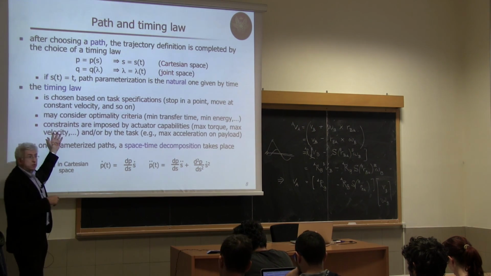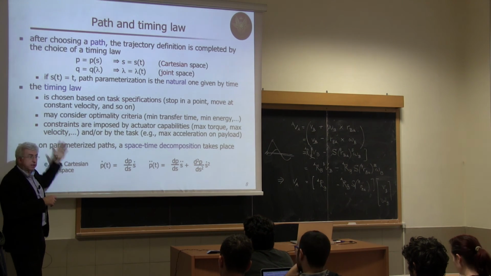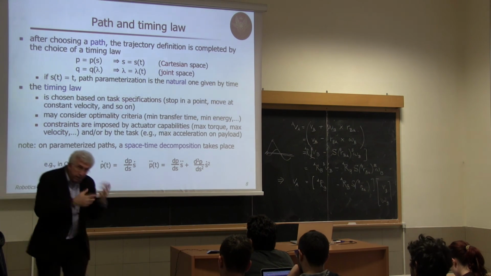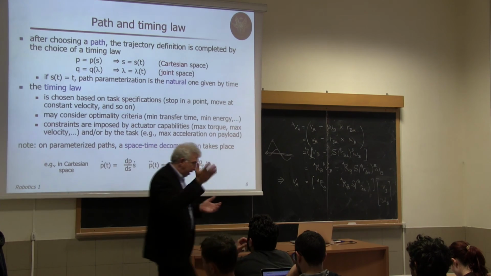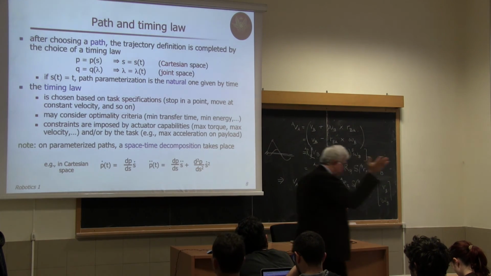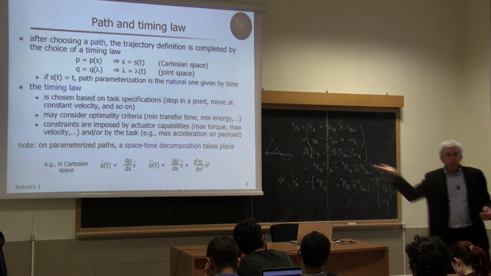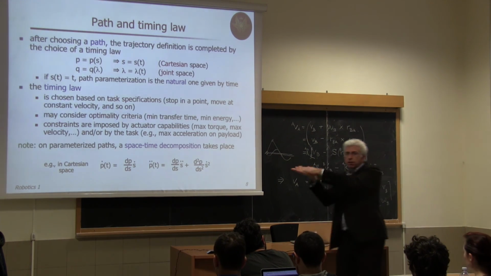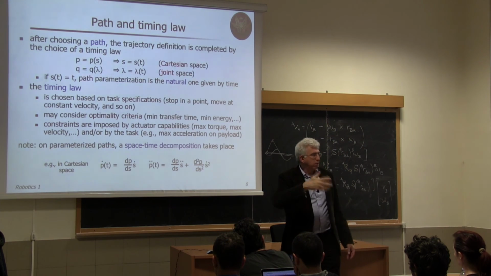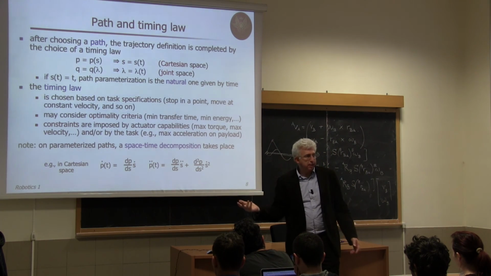The other things are constraints in the joint space or in the actuator space, or even in the task space. For instance, I'm carrying something, like a tray for a waiter, and I cannot go too fast, because otherwise what is on top of my tray will fall down because of acceleration.